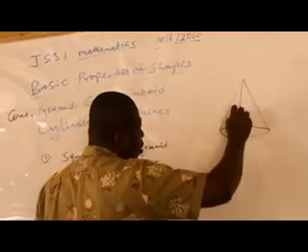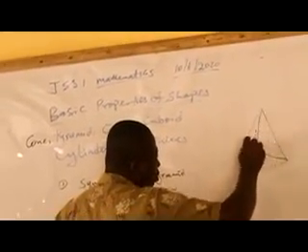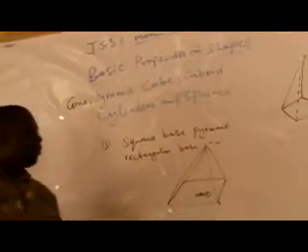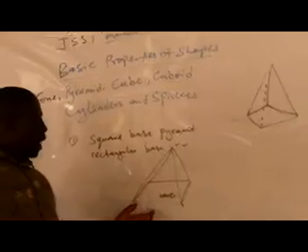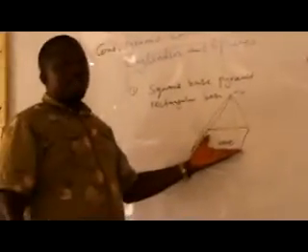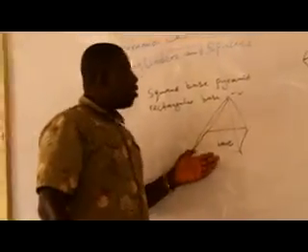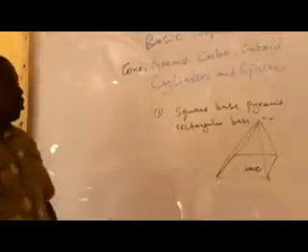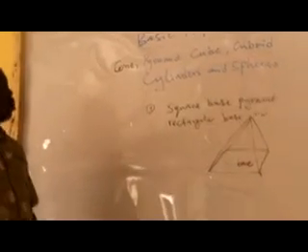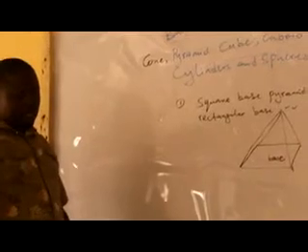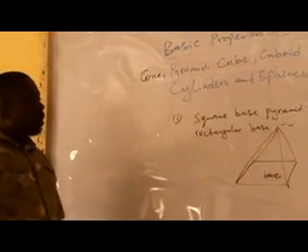So this is the pyramid in question. The base is either square-based, where the base is a square, or rectangular, where the base is rectangular in shape. You know what a square and a rectangle look like, so they have the same properties as each other. Now this is about the pyramid.